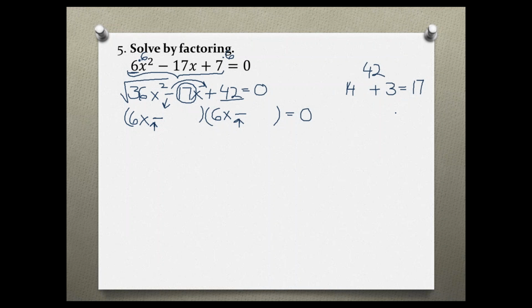For some people it's difficult to figure out those factors, so if you have difficulty you could always start with one that you know, for example 42 times 1, but that is not 17, and then you continue with which number times 2 will give you 42, times 3 and so forth, and when you get to 3, you should notice that those are the right two factors that will add to give you 17.